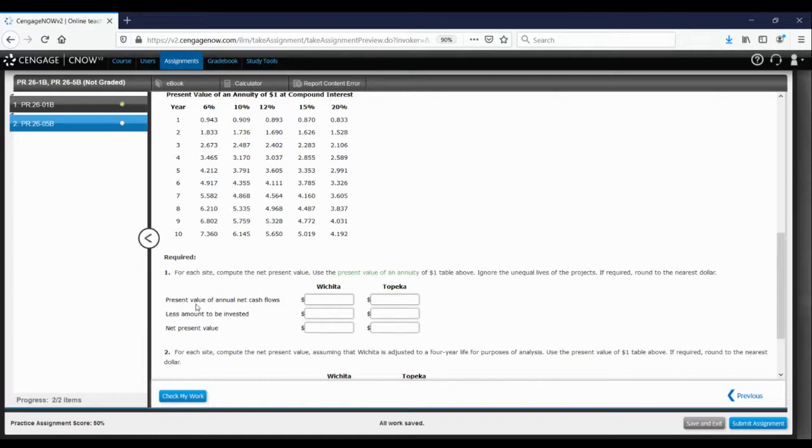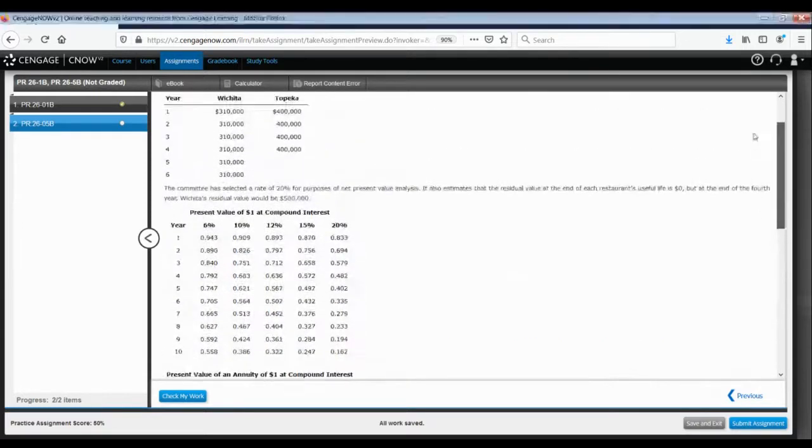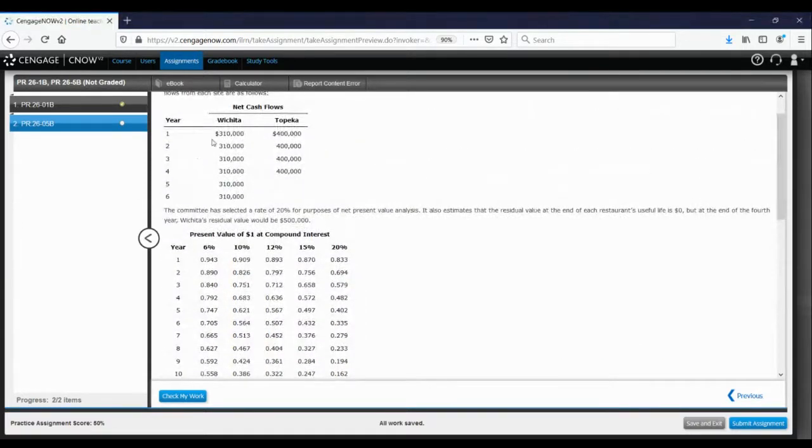So what we're going to determine first is the present value. This time we're going to use the present value of the annuity table because our cash flows are the same throughout the life for Wichita. Cash flows are the same at $400,000 for the Topeka. So because these are equal amounts, we can use the annuity table.